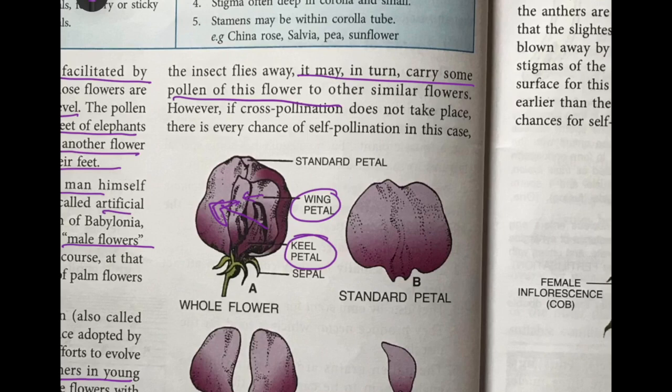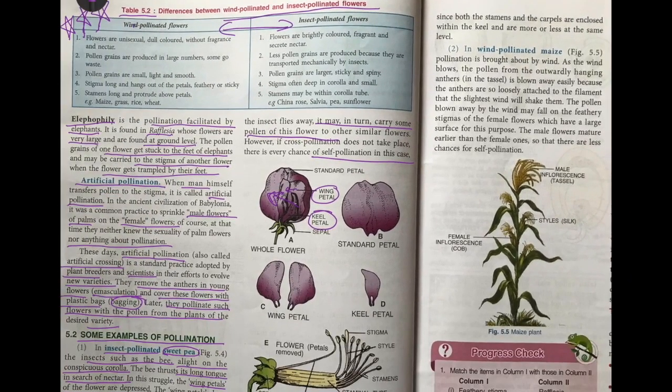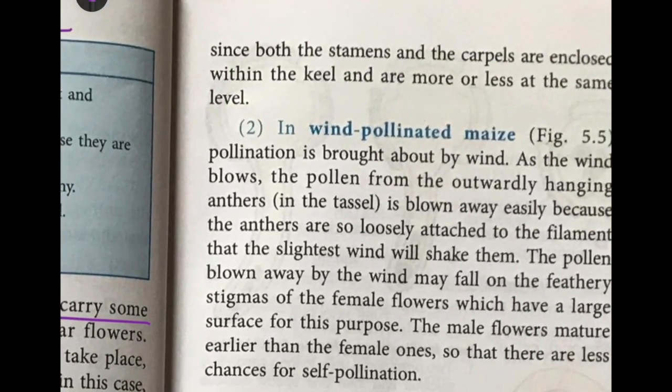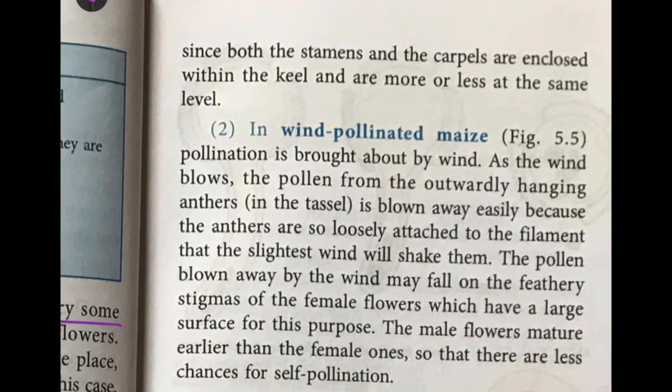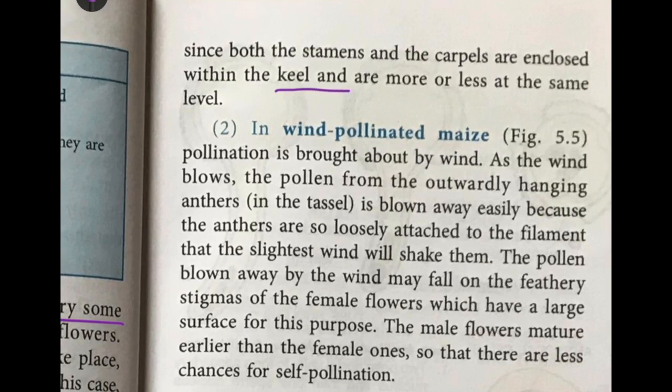And if cross-pollination does not take place, what will happen? Self-pollination will take place in this case, because it is a complete flower. Both the stamens and the carpels are enclosed inside the keel, and they are more or less at the same level. Now, the next example we are taking is the wind-pollinated maize plant.